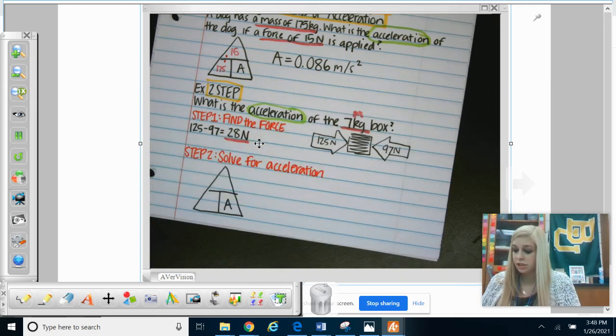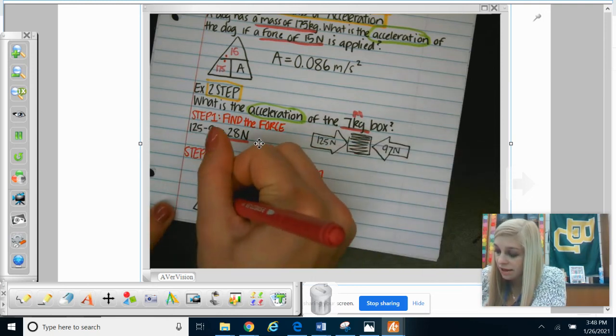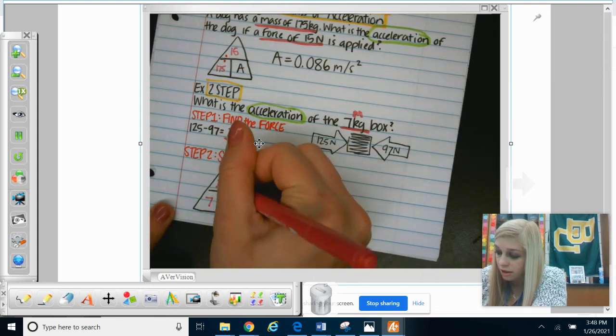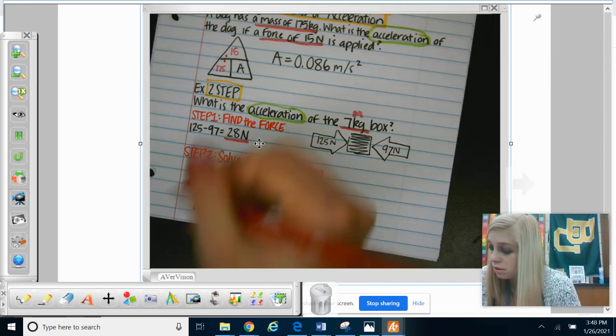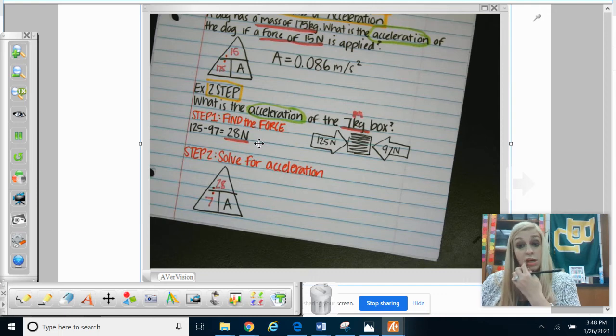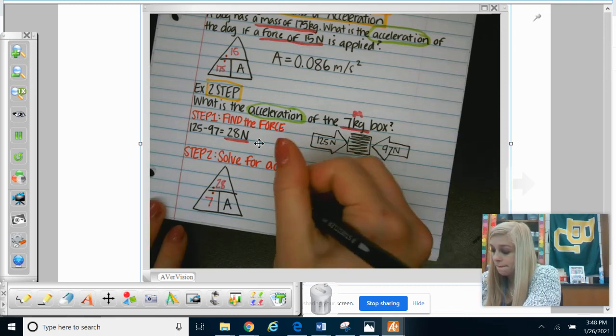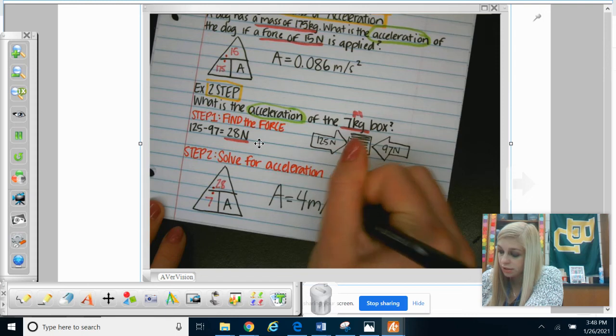Solving for acceleration, we were given a mass of 7. We found a force of 28. If your numbers are on top and bottom, then you will divide. So what is 28 divided by 7? 4 meters per second squared.